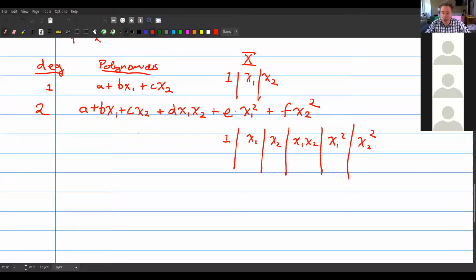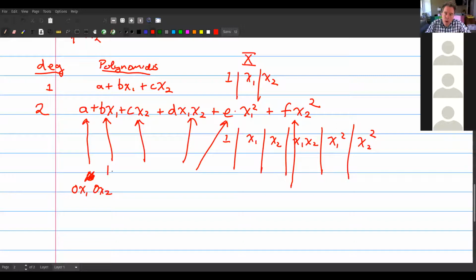Yeah, so look at each term here. Each term has some number of x1s and x2s. So you can do the combinatorics here. This is 0 x1s and 0 x2s.